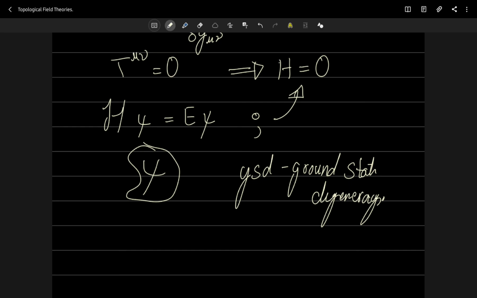Or in fact, interestingly, in the two-dimensional space part, since the time part was trivial with E equals 0.